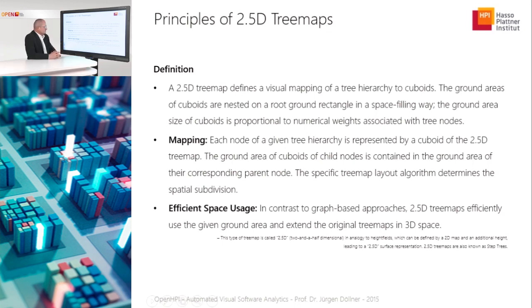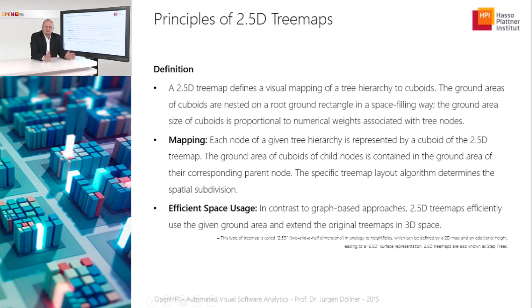In contrast to graph-based approaches, 2.5-dimensional tree maps efficiently use the ground area while extending the whole tree map to the third dimension. 2.5-dimensional tree maps are also called step trees, and the expression 2.5-dimensional comes from height fields used in geographic representations, for example, digital terrain models.